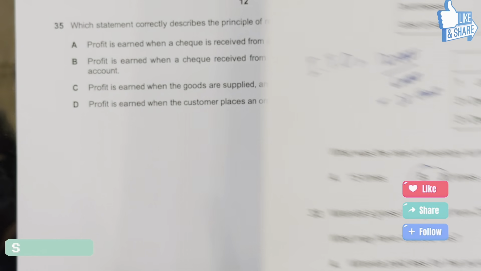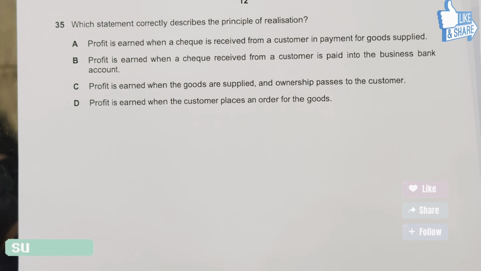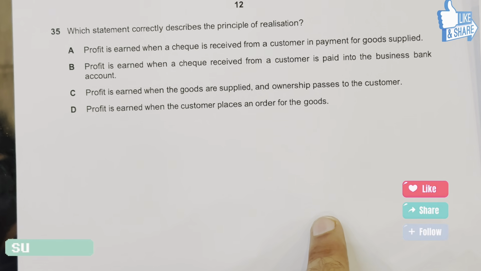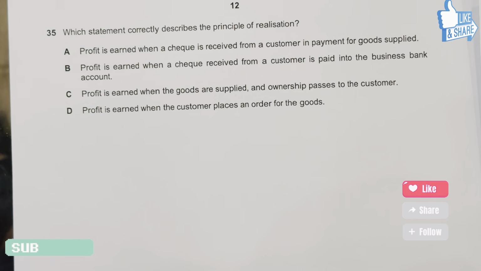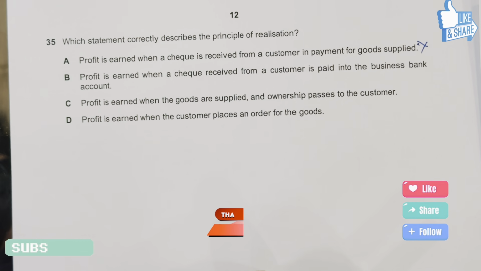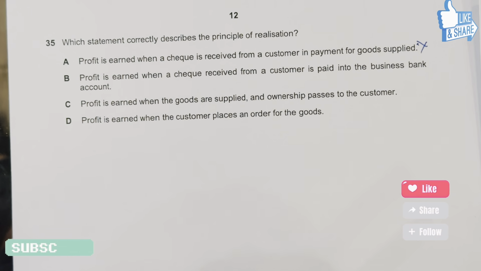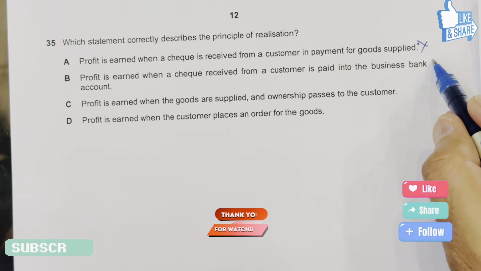Moving to question number 35, that is the last MCQ of this paper. Which statement correctly describes the principle of realization? Profit is earned when a cheque is received from a customer in payment for goods supplied. No, this is not the principle of realization. Profit is earned when a cheque received from a customer is paid into the business bank account.